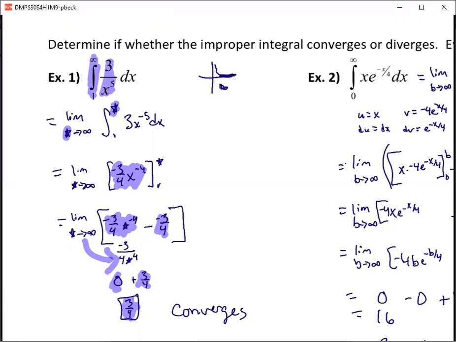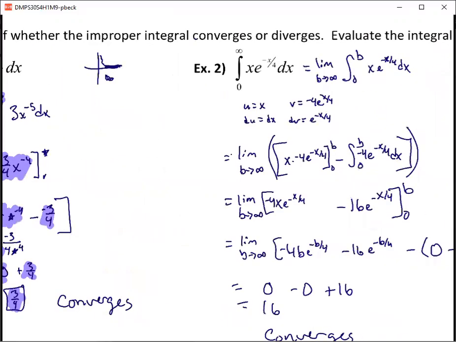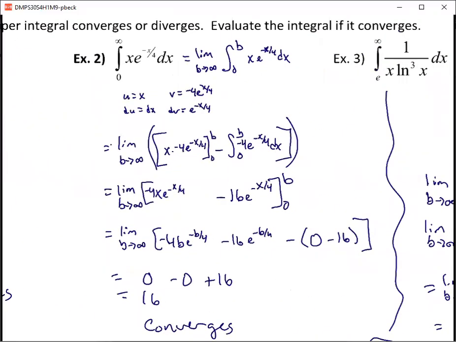Now, this idea is going to lead us into chapter 8. And in chapter 8, we're going to be talking about sequences and series, and eventually we're going to have infinite series, and we're going to find the sum of an infinite series. And by finding that sum, we're going to use integration to do that too. But anyway, I'm getting ahead of myself. So on to problem number B.